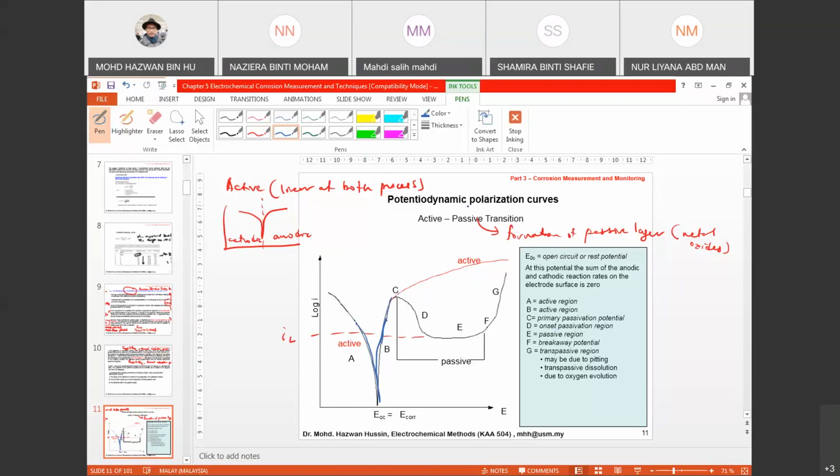When the metal starts to oxidize, Fe becomes Fe2+ plus 2 electrons, it will react with other species, for example water with 4 electrons, and you have 4OH minus, sorry.